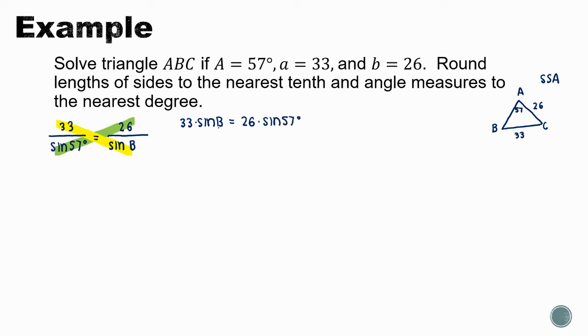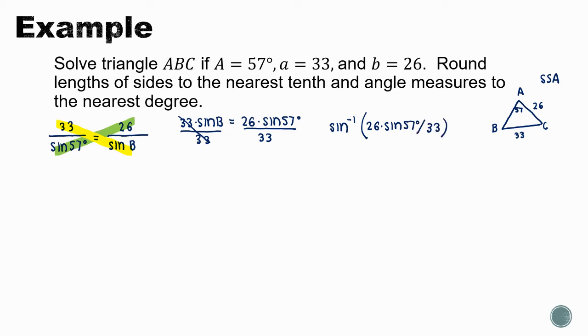In order to find angle B, we are going to divide by 33 to get the sine of B by itself. Now, because I want to find the measure of an angle, remember, to find the measure of an angle in your calculator, this is when we are doing the inverse. So we are going to do inverse sine, and then we have to do 26 times the sine of 57 degrees, and then divide by 33.